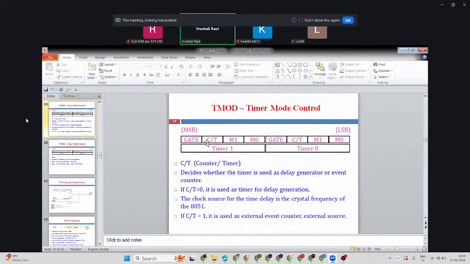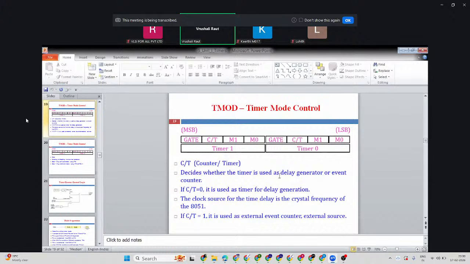Okay, so do you understand? In this bit, if I am writing 1, that means from the timer pin I am taking the input and that I am counting. It is acting like a counter. And if I am writing 0 here in the program, it means I am using the timer mode.